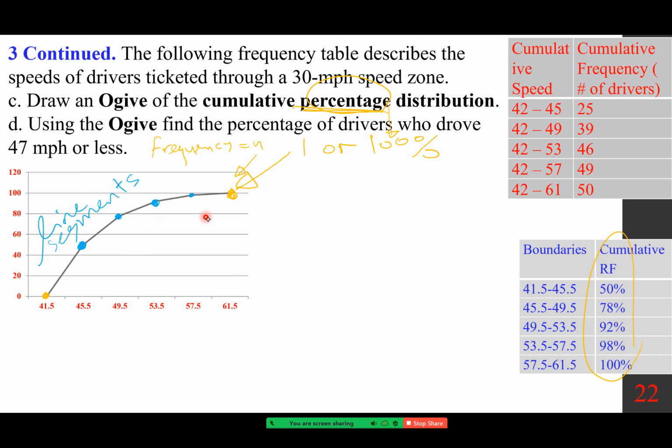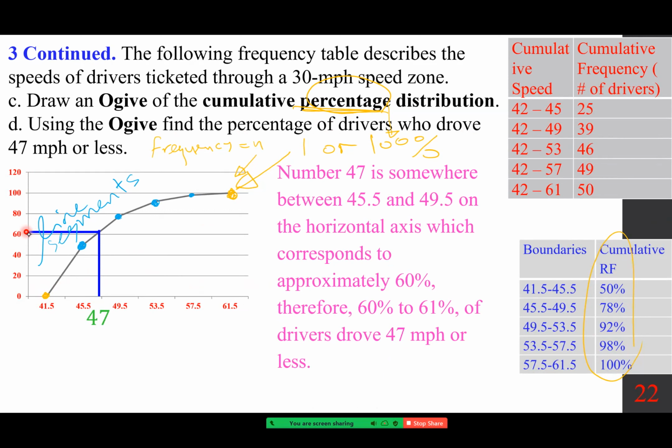Now, the next one says, using the ogive, find the percentage of drivers who drove 47 miles per hour or less. So locate 47 along the horizontal axis. Go straight up and to the left, and that's the number that you're looking for.